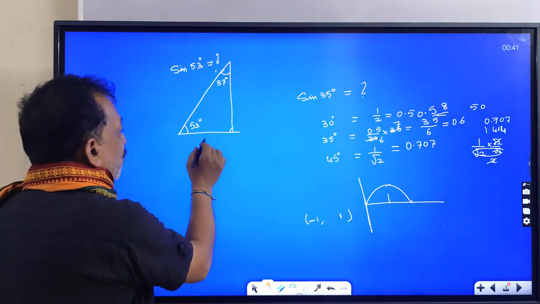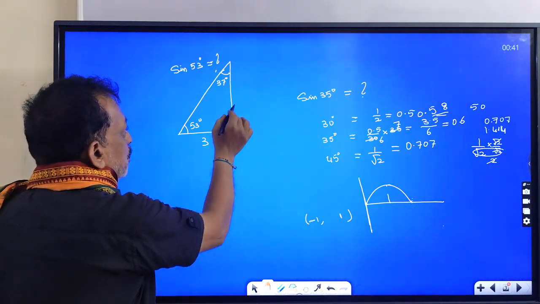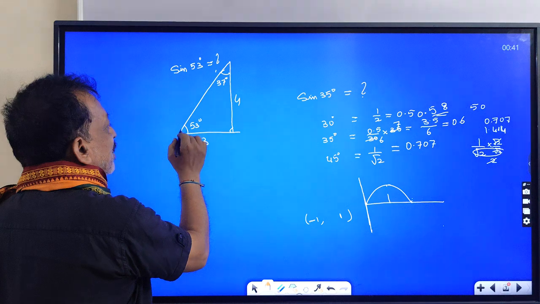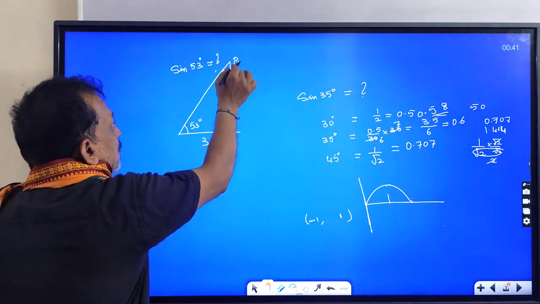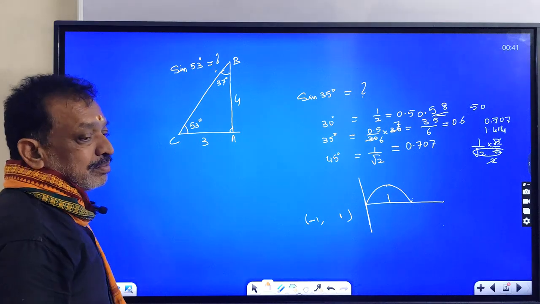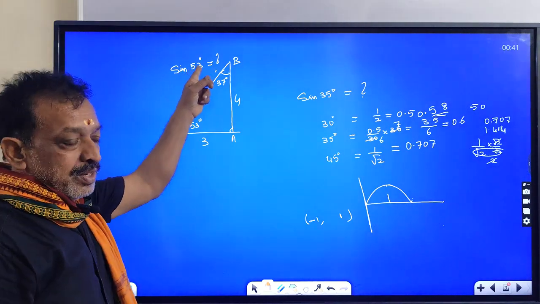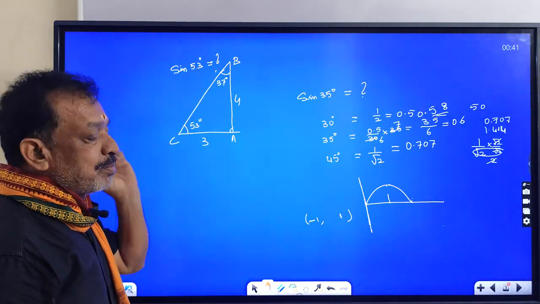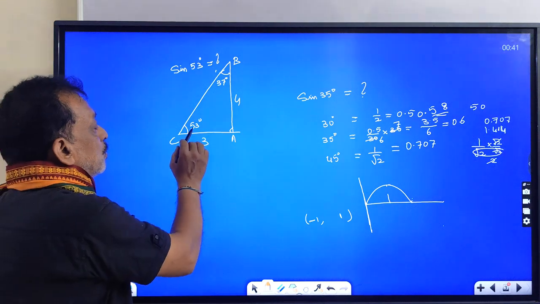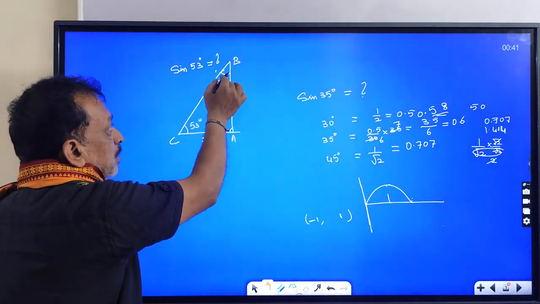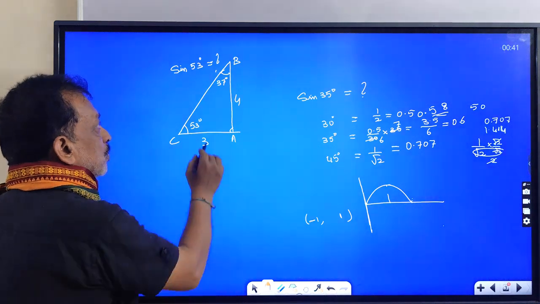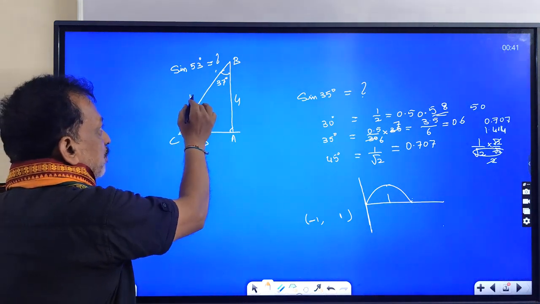Now this will be 3, this will be 4. Then you can take A, B, C right angle triangle. Now if you want to find sine 53 degrees, try to remember that. This is 53, the length will be 3, and for 37, this length will be more. So this hypotenuse value becomes 5.